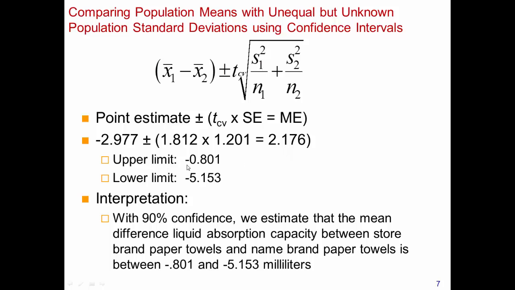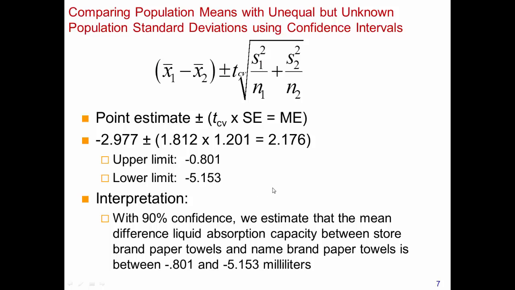If we look at our upper limit, we take our point estimate of negative 2.977 and add 2.176, and we get negative 0.801 as the upper limit of our confidence interval. If we take negative 2.977 and subtract 2.176 from it, we get our lower limit, which is negative 5.153.